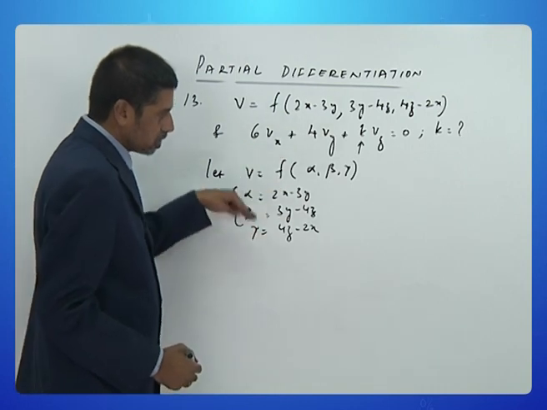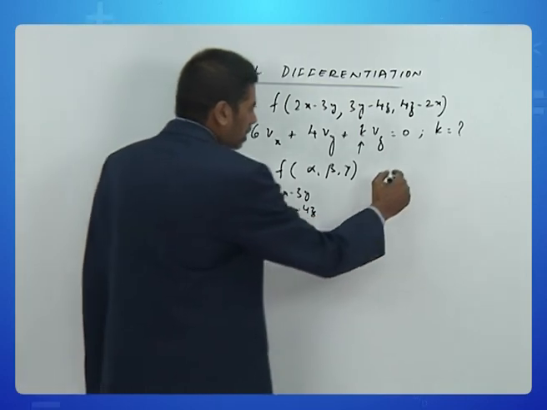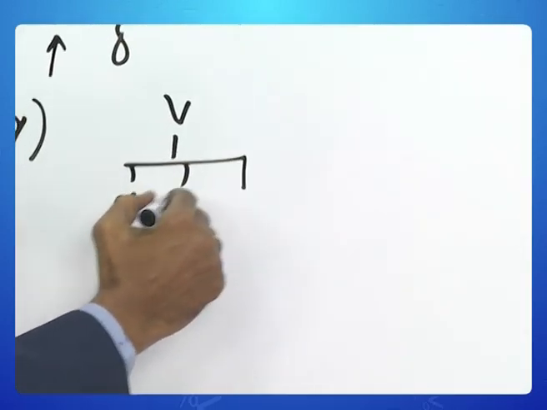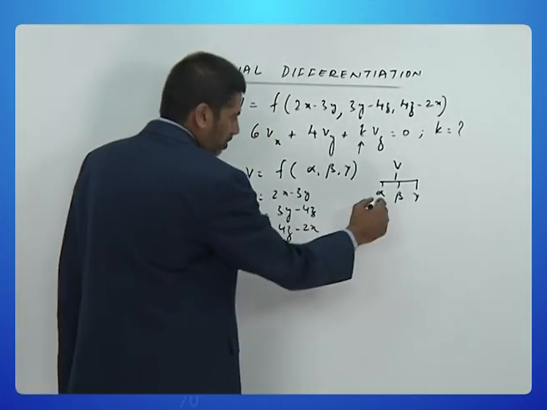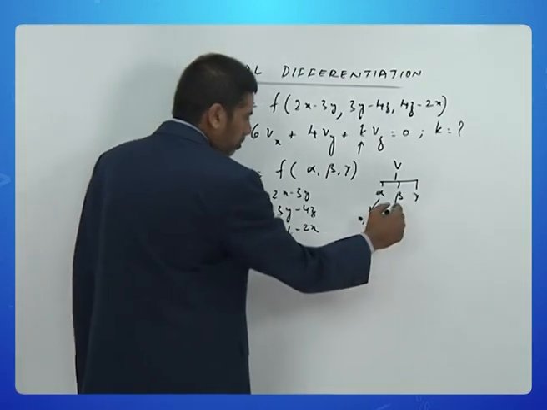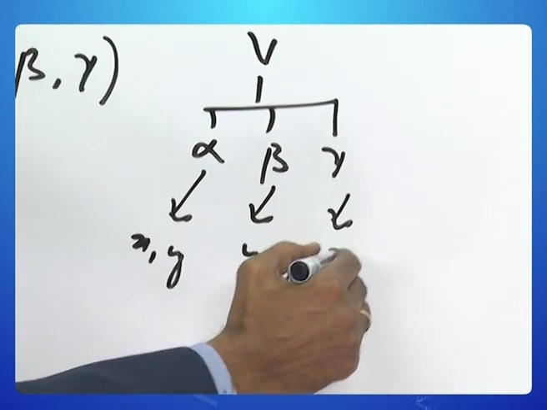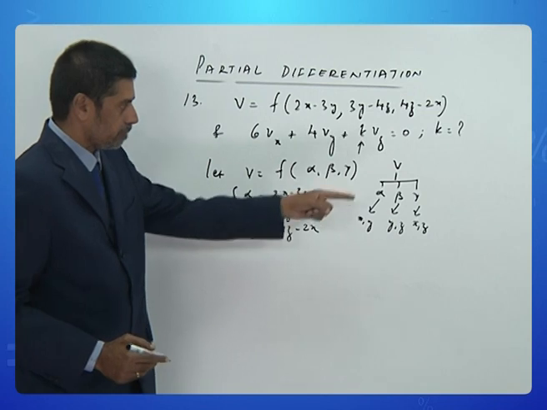So, from this, one can observe that v is a function of alpha, beta, gamma. Alpha is a function of x and y. Beta is a function of y and z. Gamma is a function of x and z. From these relations, we can draw the diagram.